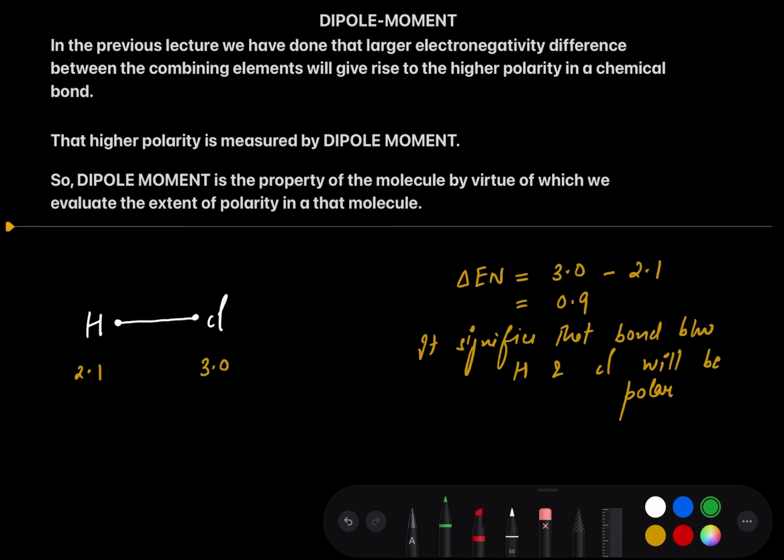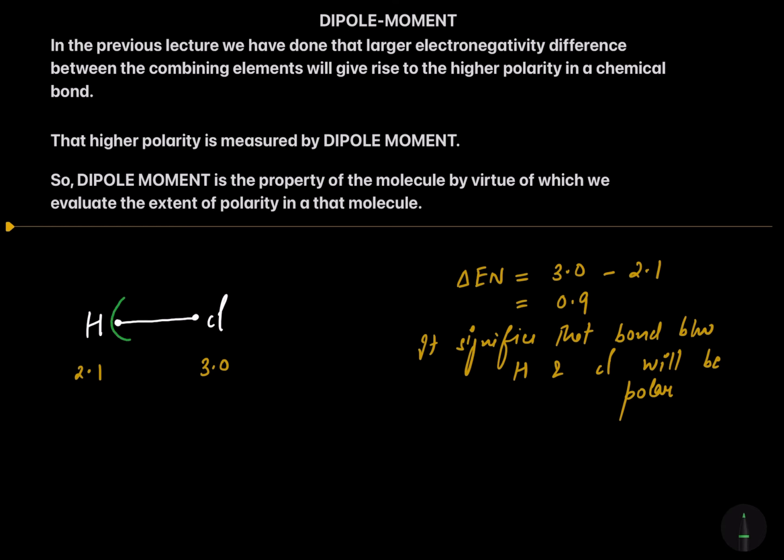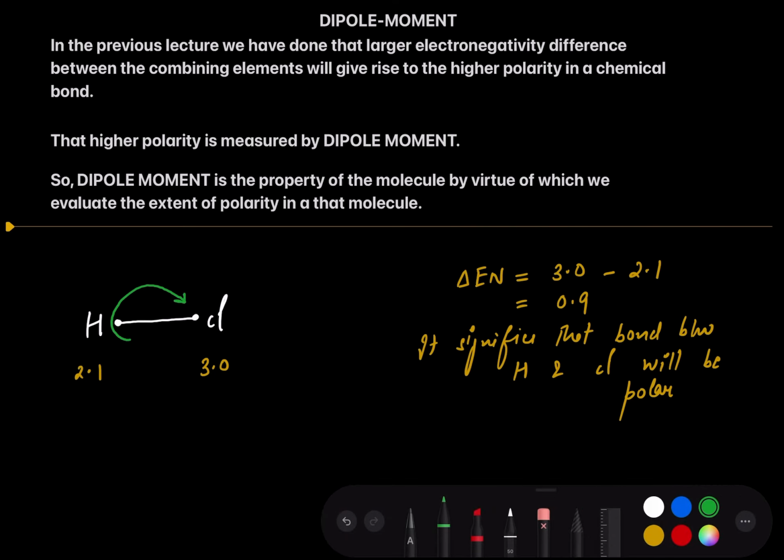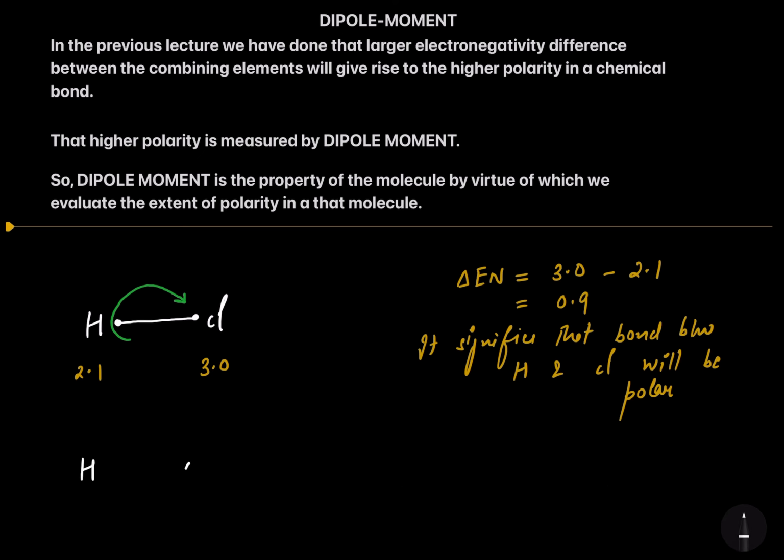Chlorine will attract the shared pair of electrons towards itself. So, this bond will look like hydrogen and chlorine, and both electrons are more closer towards the chlorine than the hydrogen, due to which chlorine will acquire a delta negative charge and hydrogen will acquire a delta positive charge.